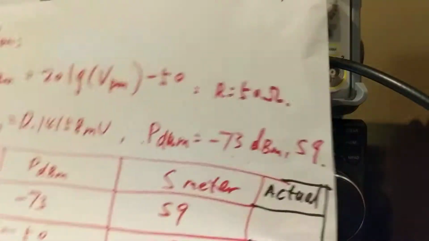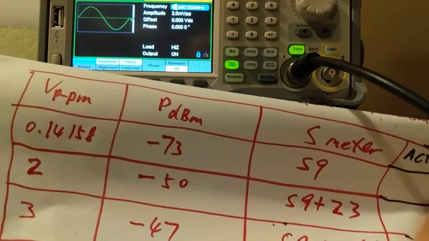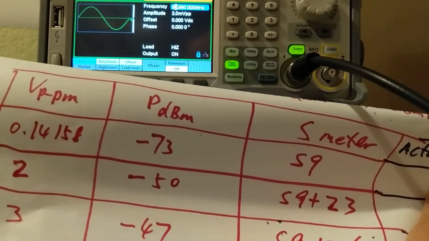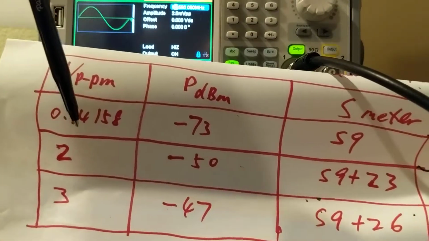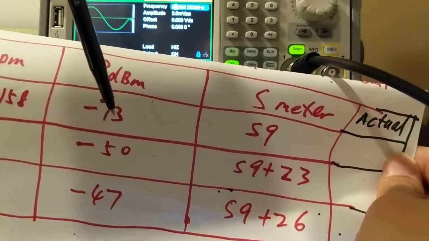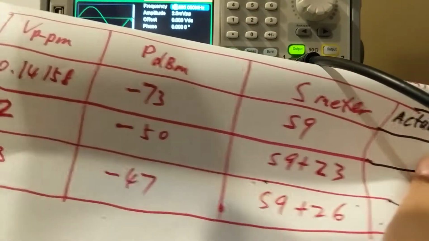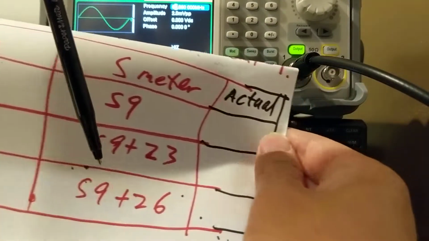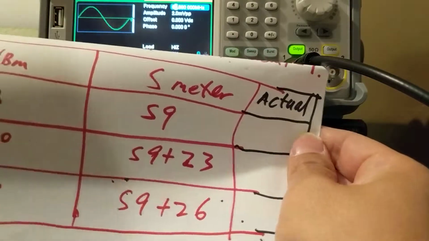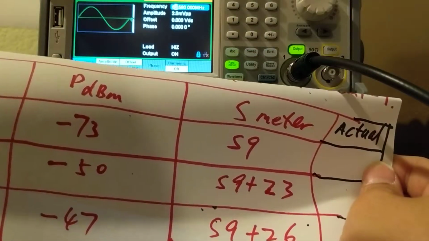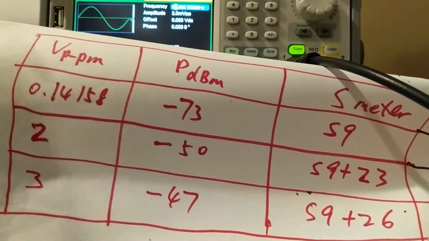So there's some calculation, and we can see that if I send 2 millivolts P2P here, I get negative 50 dBm, and it's equal to S9 plus 23. If I send 3, it's S9 plus 26. Let's see the actual values. The first one I cannot do because the minimum signal my signal generator can generate is 2. So let's check 2 and 3.